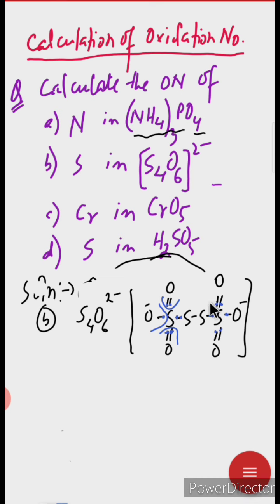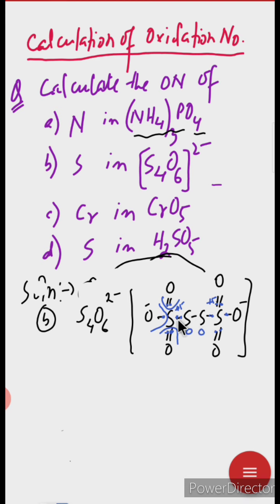So this sulfur has an oxidation state of +5, and this sulfur also has an oxidation state of +5. But these 2 sulfur atoms will have an oxidation state of 0, because they are the same atoms with equal electronegativity, so no sulfur will pull electrons from another sulfur.